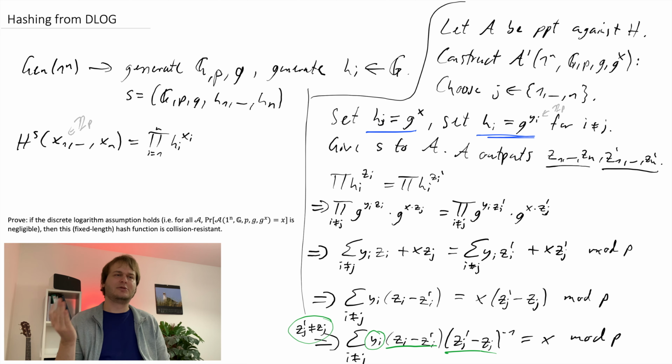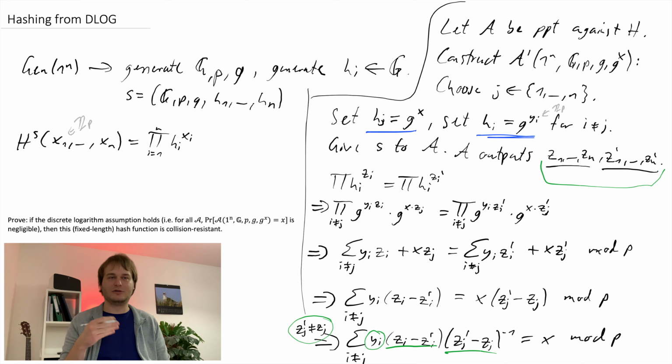Yeah, similar to many of the other arguments that we had where we chose a random index, we're just hoping that something happens for that index. And the thing that we're hoping for here is that in this collision that the adversary outputs, we know that if this is supposed to be a valid collision, then z is not equal to z'. So in particular, one of these z_i needs to be not equal to one of these z_i'.